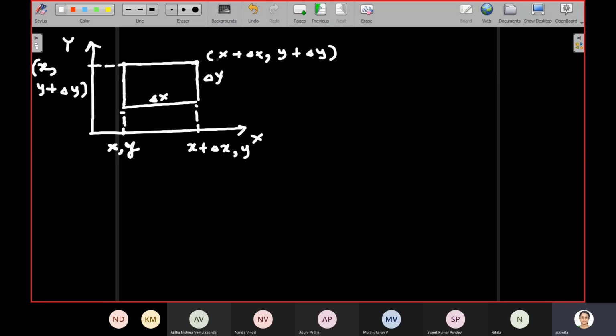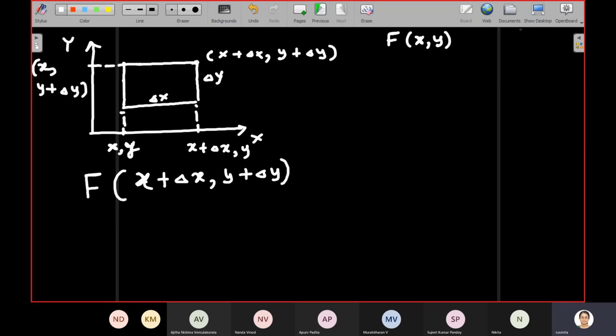So we have this rectangular area, and let's find x plus delta x and y plus delta y. Now we know that if I am dropping the subscript for simplicity of notation, this is how we define the joint CDF.